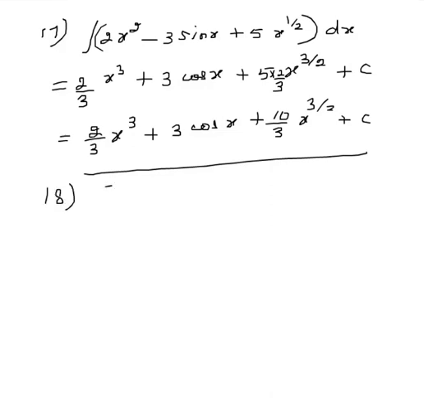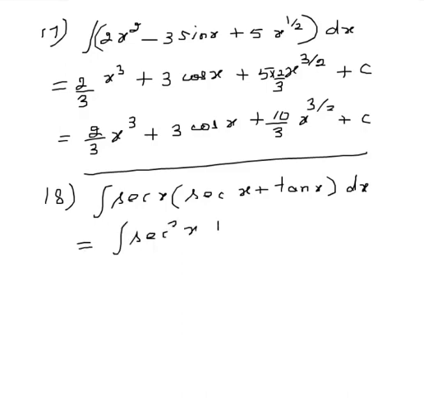Question number 18. Integral of secant x multiplied with secant x plus tan x dx. Let us open the brackets. We get secant square x plus secant x into tan x dx.